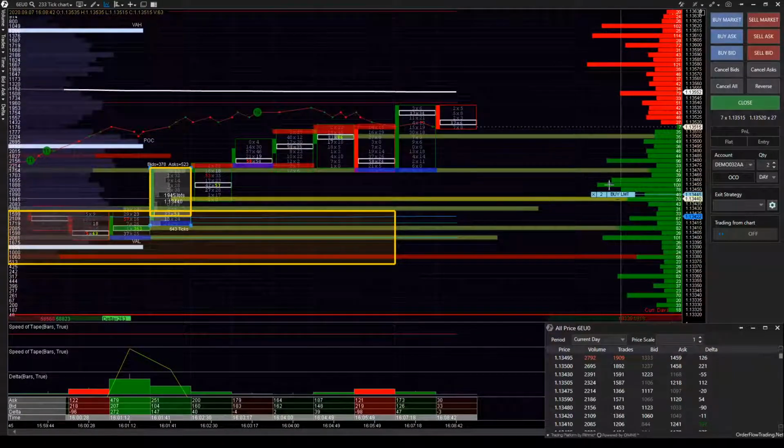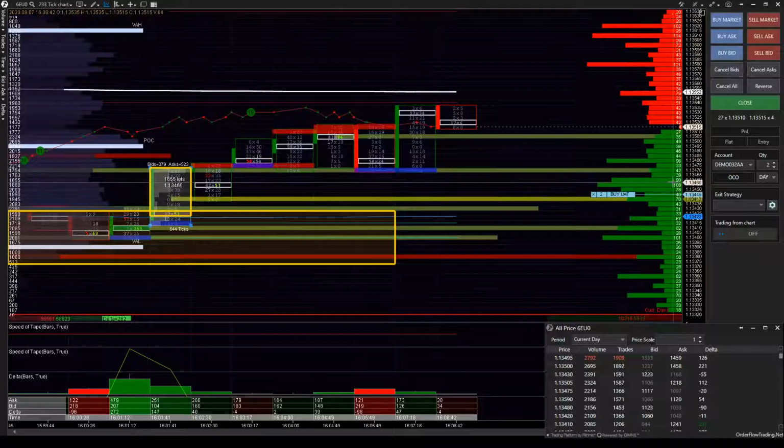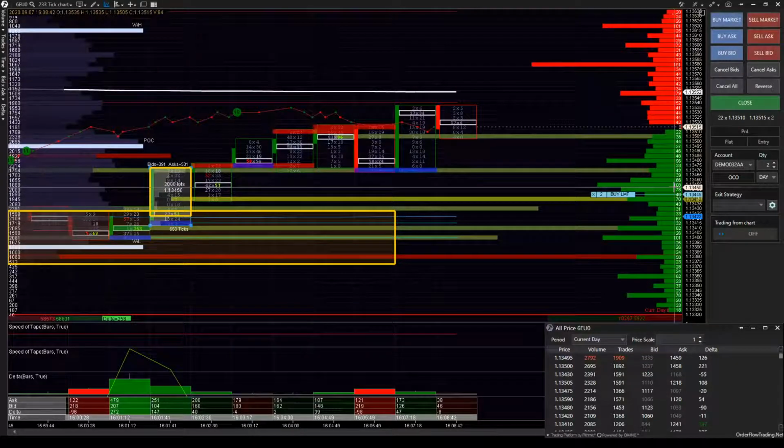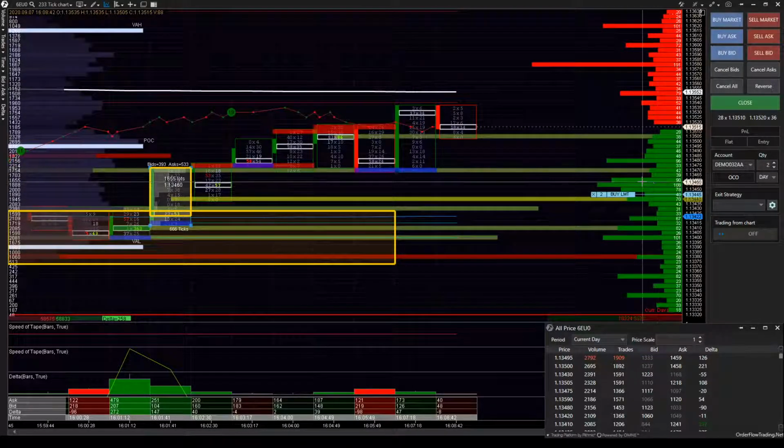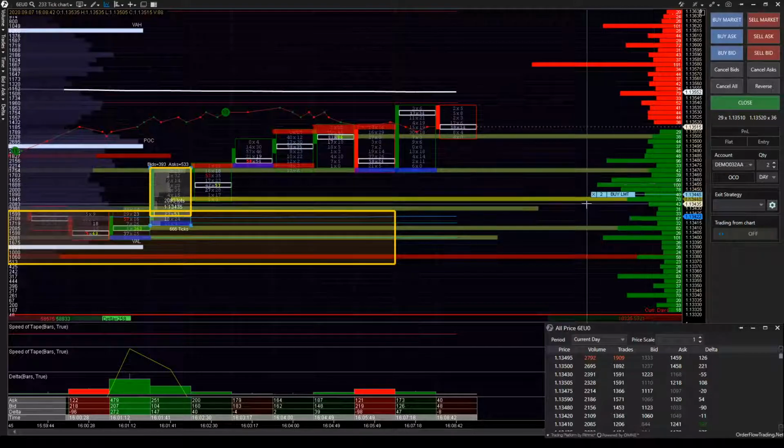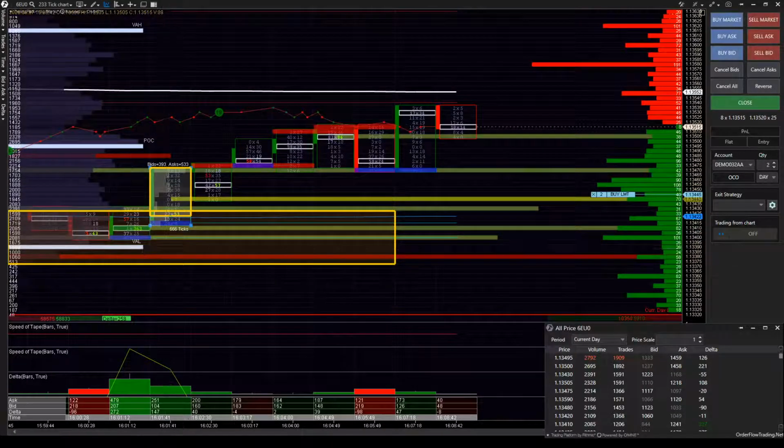All right, so we can see now the price is moving lower. Let's see if we can reach our entry. You can see we have 108 contracts just about at our entry. Let's see if we should be looking also at the DOM.